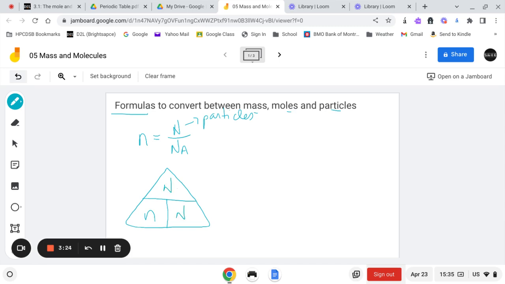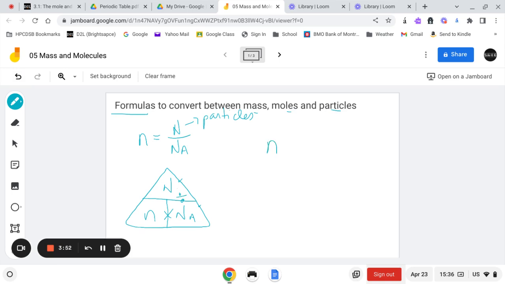This is how you set it up. Whatever is side by side on the bottom, you can multiply those two variables if you know both of them. If you know a variable in the numerator and in the denominator, then you are dividing those variables out. If that helps you use the triangle, great. I don't tend to use them. I tend to use the mathematical formula.